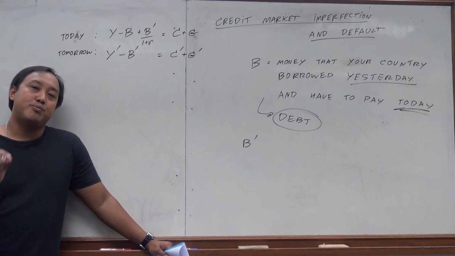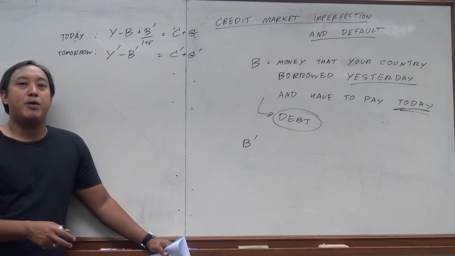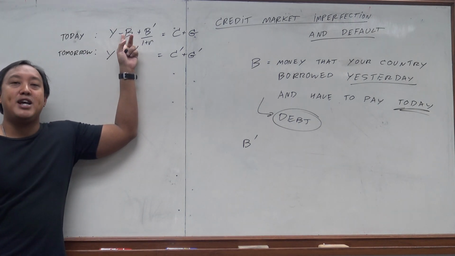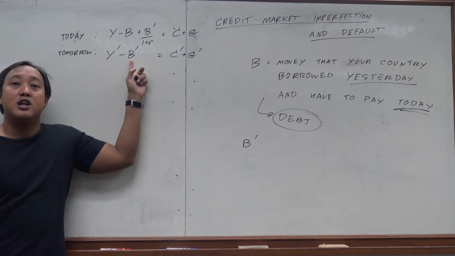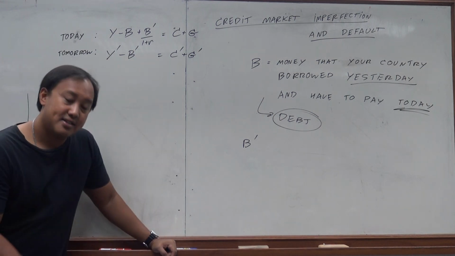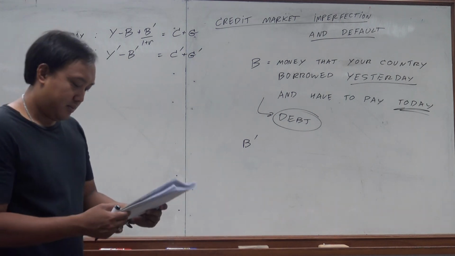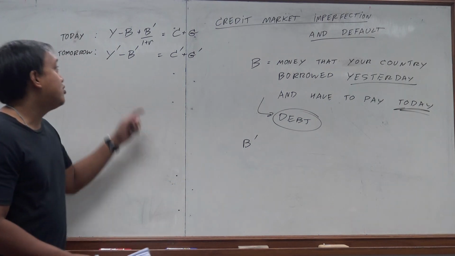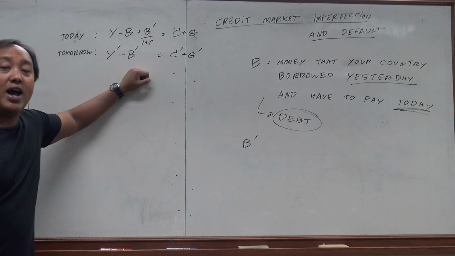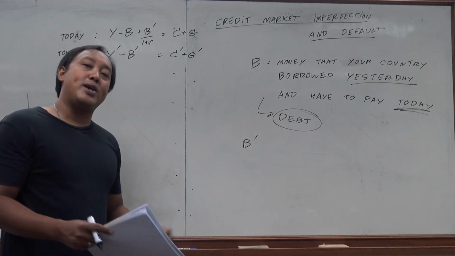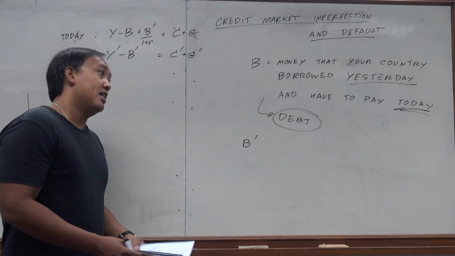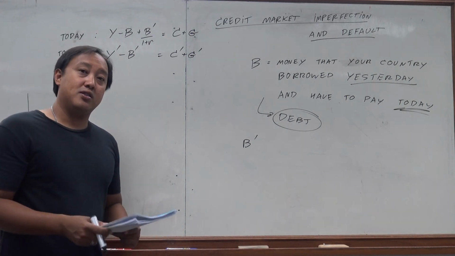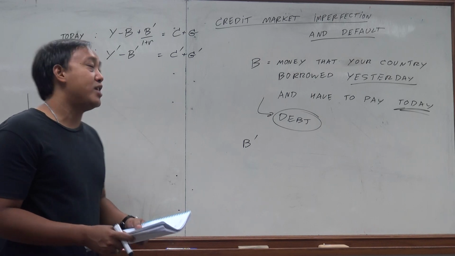In this case, we just modify the equations a little bit by plugging in the variable B, debt: the debt that you have to pay today and the debt that you have to pay tomorrow. After we have this, we're going to combine today's equation and tomorrow's equation together to solve for the lifetime budget constraint equation.